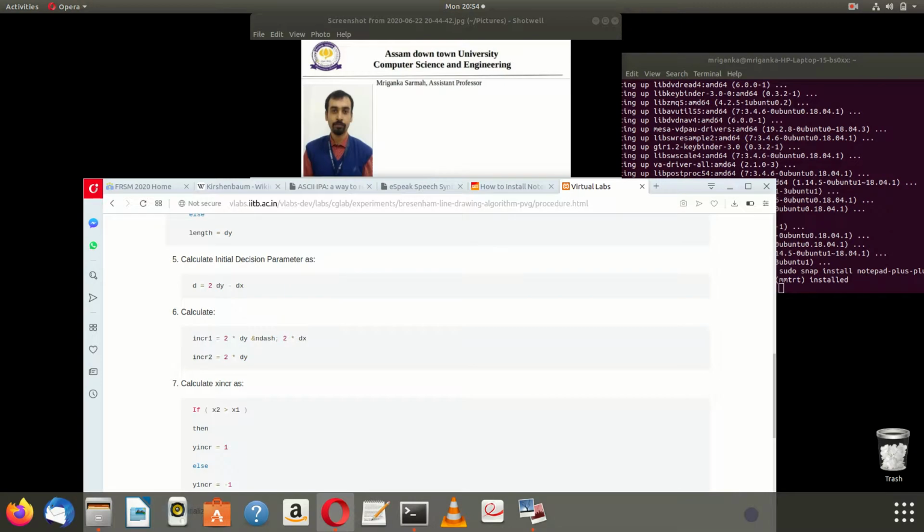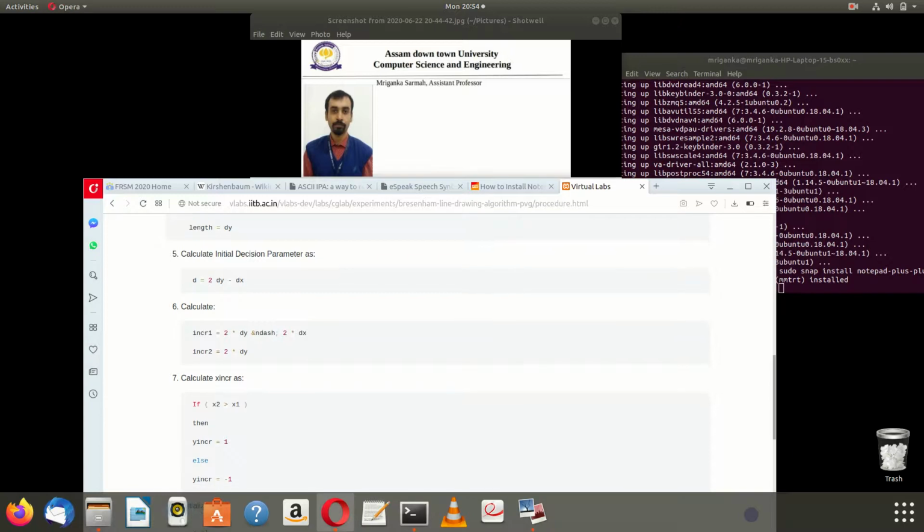We assume that a particular point is closer to the point above it, so the pixel on top of that current position is going to be selected. Suppose the pixel number is 2.67, so 2.67 is closer to 3, so the third pixel is going to be selected. If the value is 2.44, it is closer to 2, so the second pixel is going to be selected.